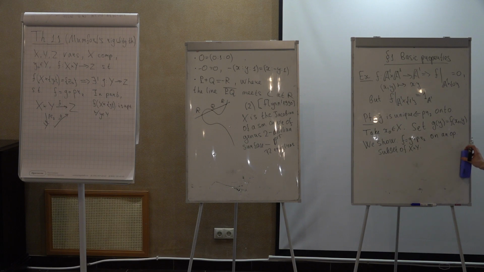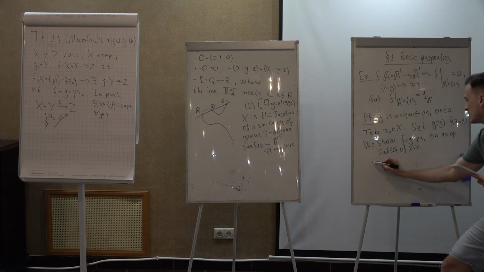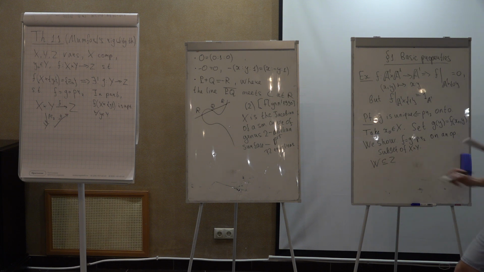So how do we do this? We take W inside Z, an open affine neighborhood of the point z0. Okay?